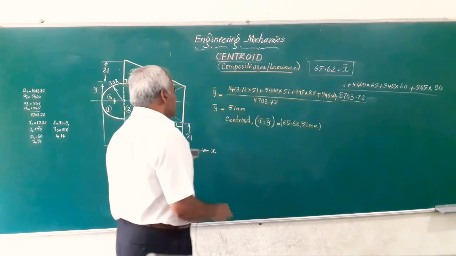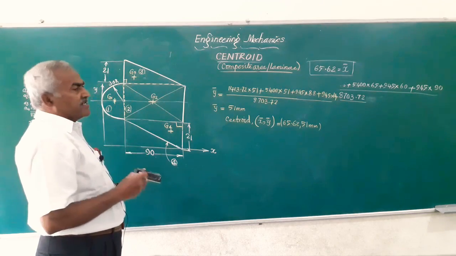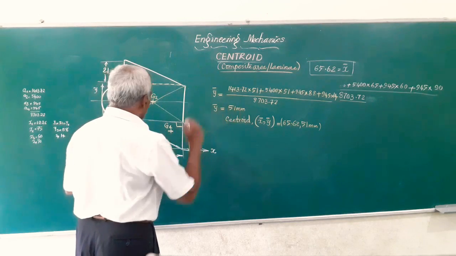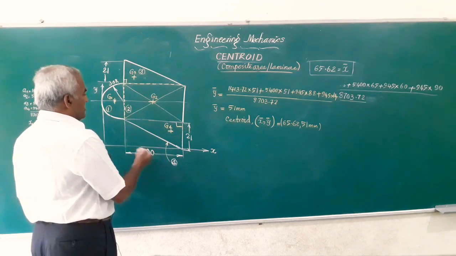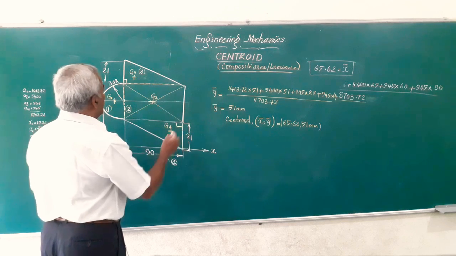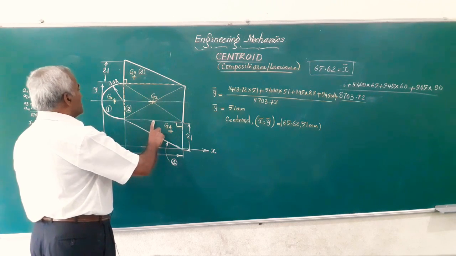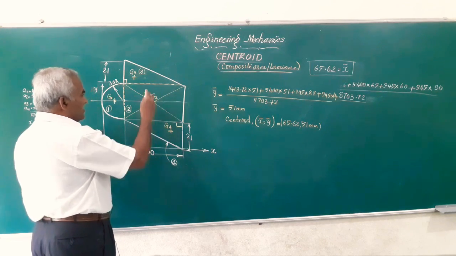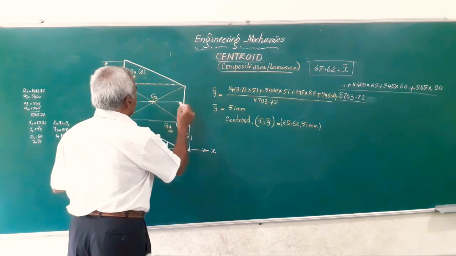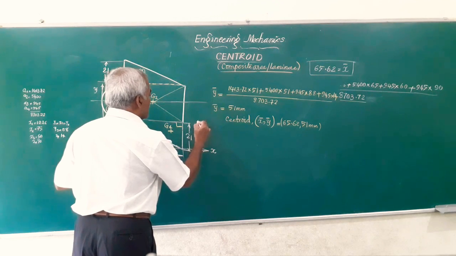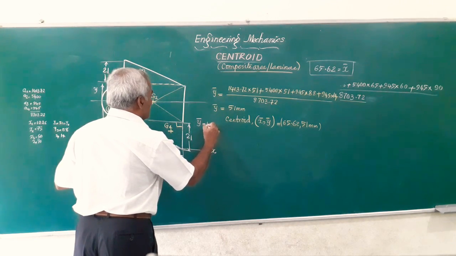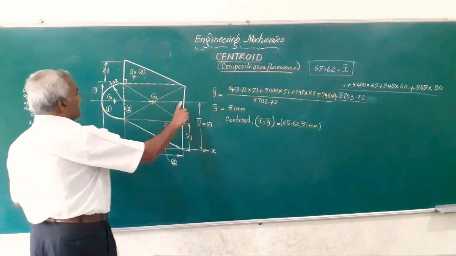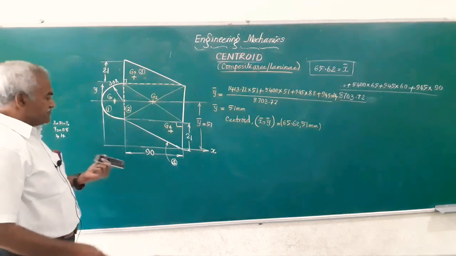Friends, let us mark the location of this centroid on this plate. First of all, y bar is equal to 51. y is measured from the x axis, at a height of 51. Look at the board. This is 21 plus 30, which is 51. So it is going to lie somewhere along this line, y bar equal to 51. It is the sum of this height 21 and this radius 50.